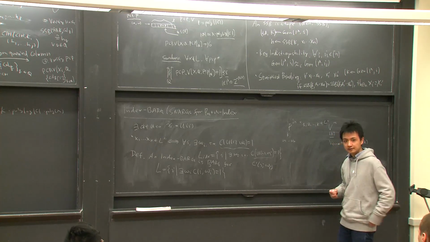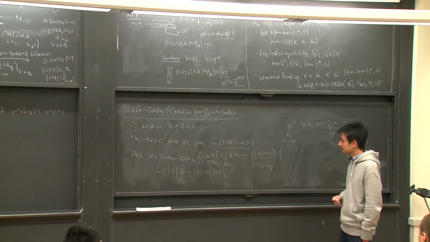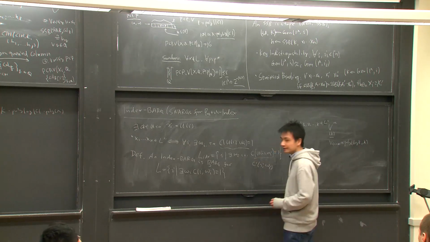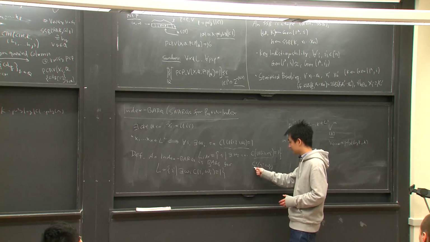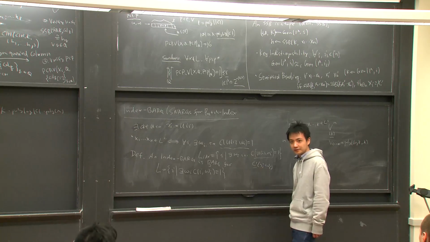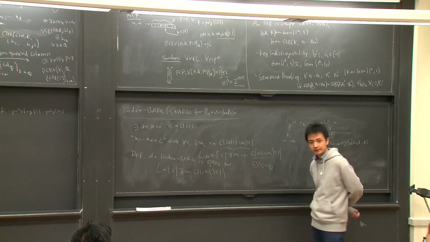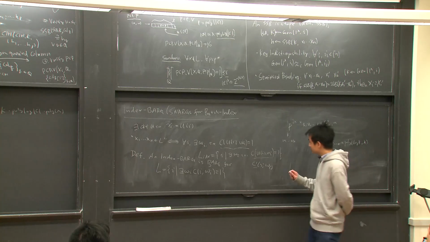Any questions? Yeah. How should I think of this U? Should I think of it as being part of the instance or something locally defined? You can think of it as being absorbed in the relation circuit, so it's part of the relation. Are you going to pay for the size of the description of U anywhere? Good.